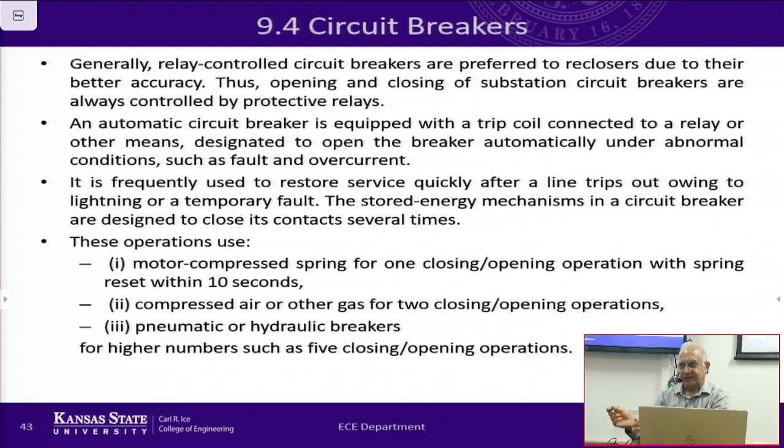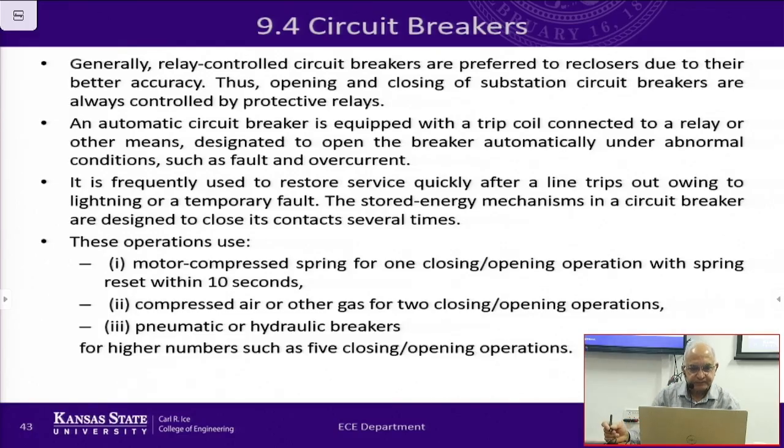Recloser is a device. Reclosing is an operation. So a recloser already has a built-in reclosing operation, but a circuit breaker may or may not have a reclosing operation, depending on the philosophy of the different operators.